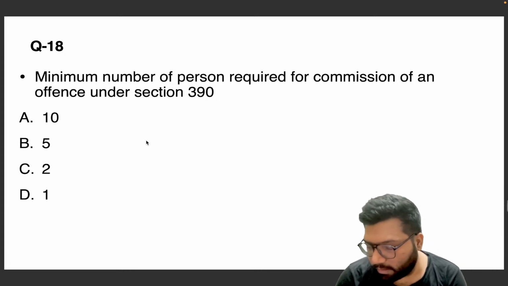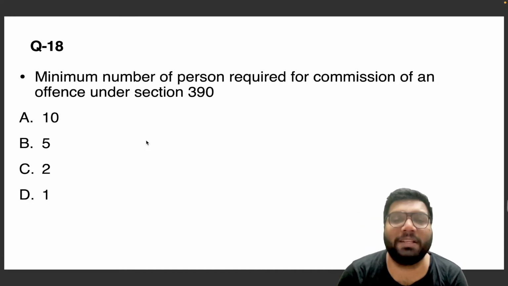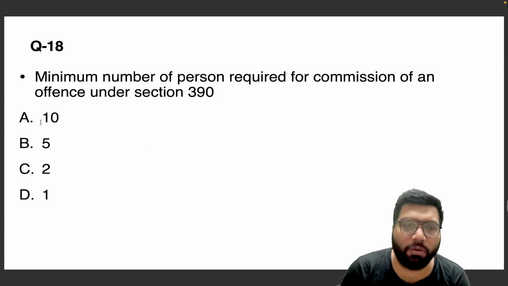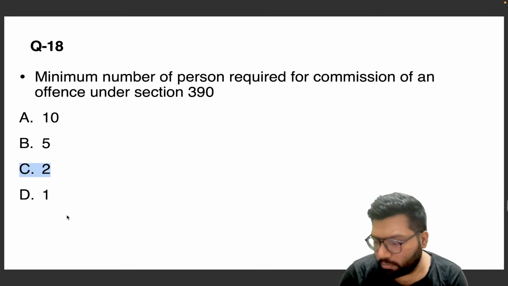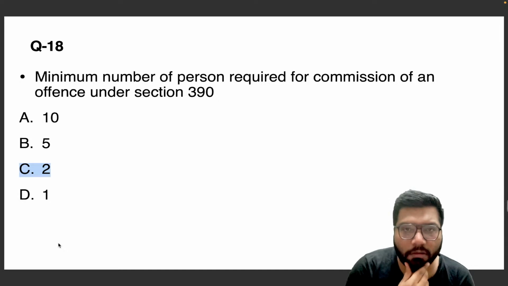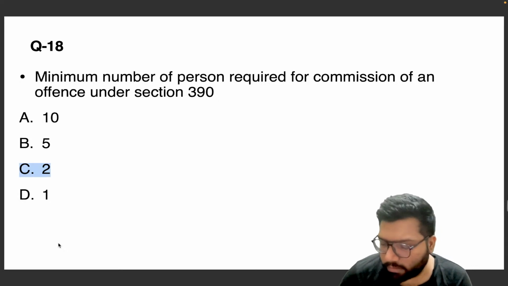Shivangi, Ladley and Ayush, top 3 students to answer correctly. Monica, be attentive. I'm asking about section 390. What is section 390? Robbery. So to commit robbery, you need minimum 5 persons. No. 2 persons. No. Even 1 person can commit robbery. Yes or no? Robbery can be committed by only 1 person as well. Okay.